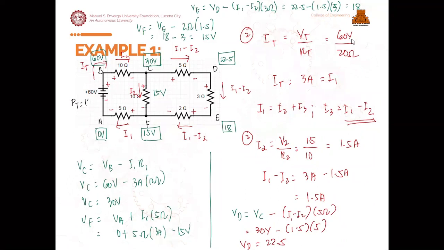So we have 180 watts. So when we take the values of all the resistors, our total power should be 180 watts. So let us check.